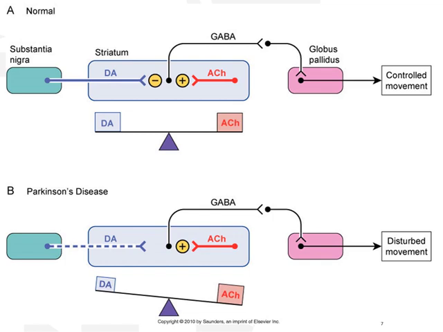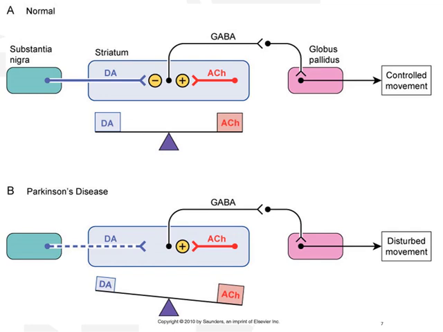Now, look at the bottom of the screen. In this Parkinson's disease patient, the neurons that supply dopamine to the striatum are degenerating, and that's represented by that dotted line. So there's a lack of dopamine. There's either a deficiency or in some cases a complete lack of dopamine. And so what that means is that the excitatory effects of acetylcholine go unopposed.